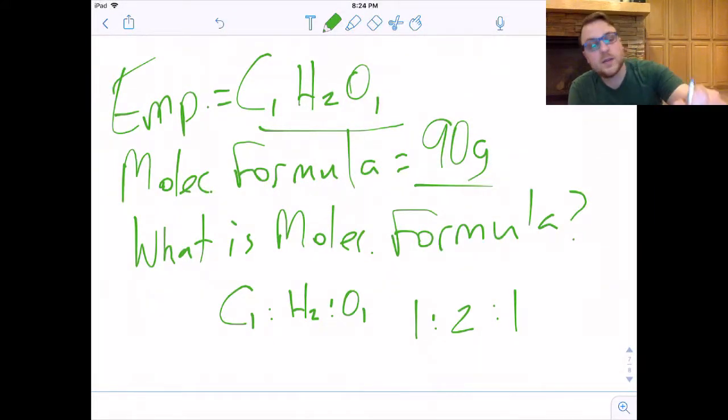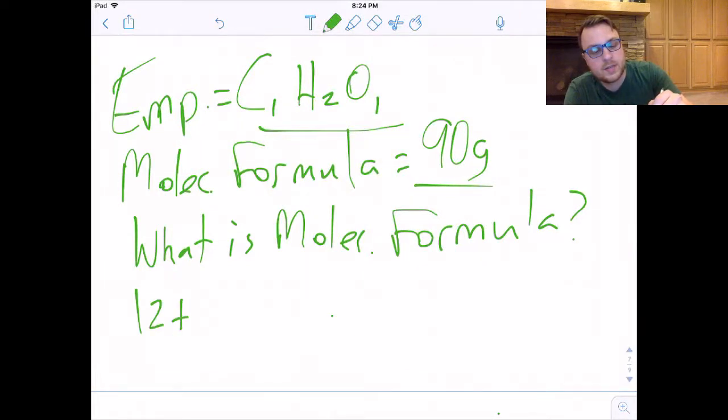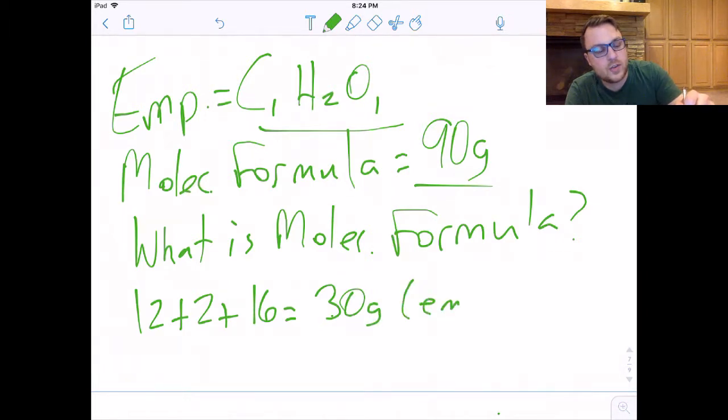I know that this empirical formula weighs 12 plus 2 plus 16. The empirical formula weighs 30 grams. It's because it's one carbon that weighs 12, 2 hydrogens that weigh 1 each for a total of 2, and 1 oxygen that weighs 16.